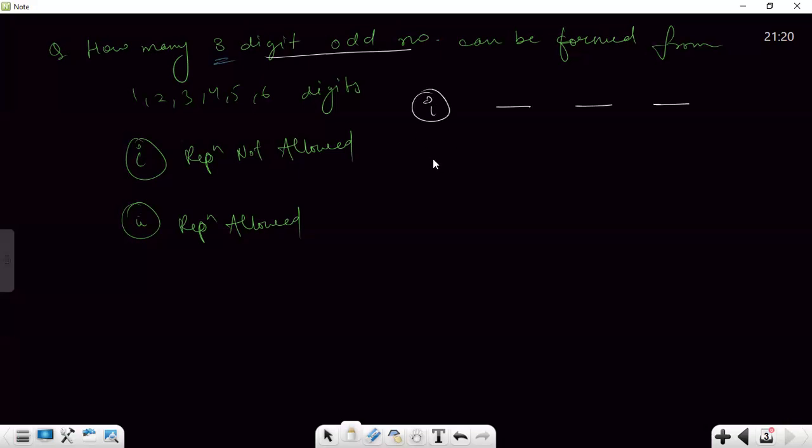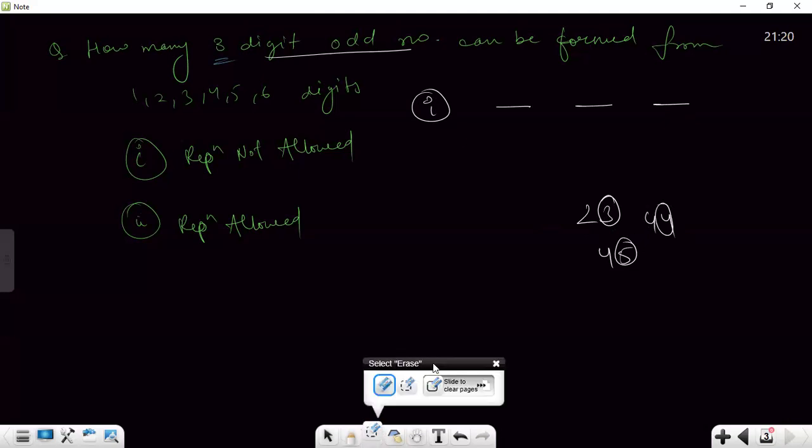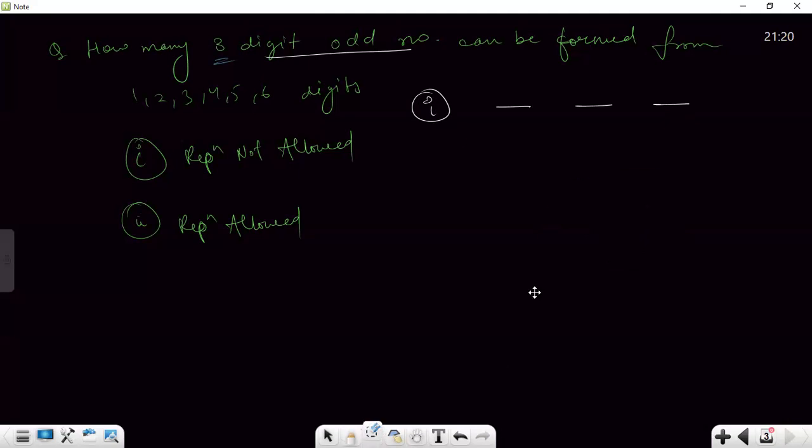We know for very sure that what makes a number odd is its unit digit, right? 23 is an odd number. 45 is an odd number. 44 is an even number, because of the unit place being odd or even. So here also, from the given choices, we need to make sure that we fill only odd digits here.